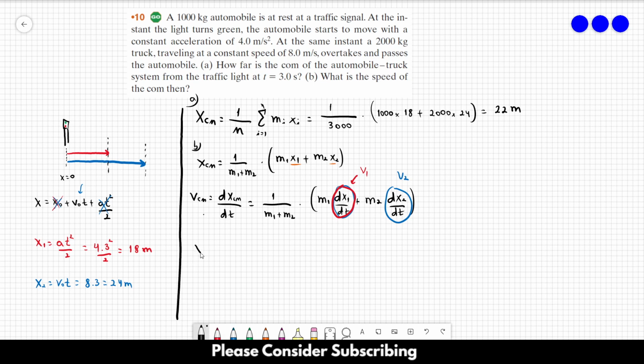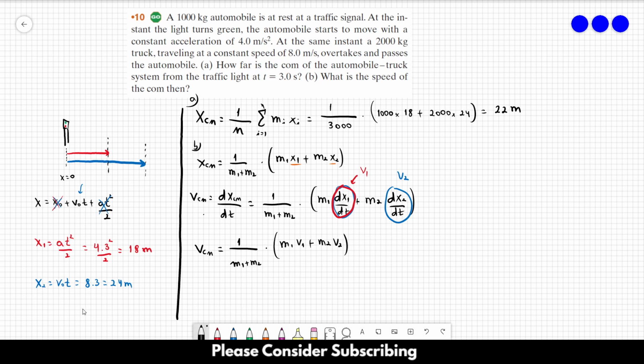So we just found that the speed of the center of mass is equal to 1 over the sum of the masses times m1 v1 plus m2 v2. We just need to find the speed of the car and the speed of the truck, and then we can complete our calculations.